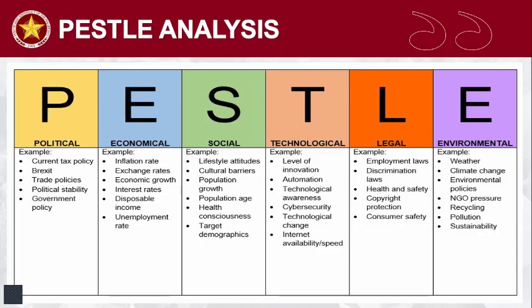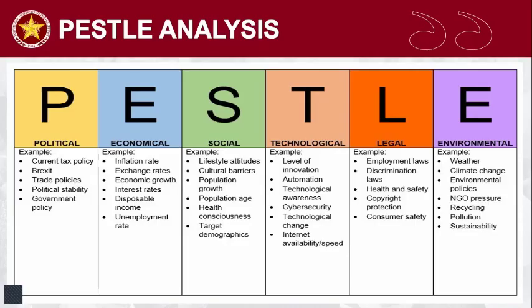Then we have technological. Best examples include level of innovation, automation, technological awareness, cybersecurity, technological change, internet availability, or the speed.